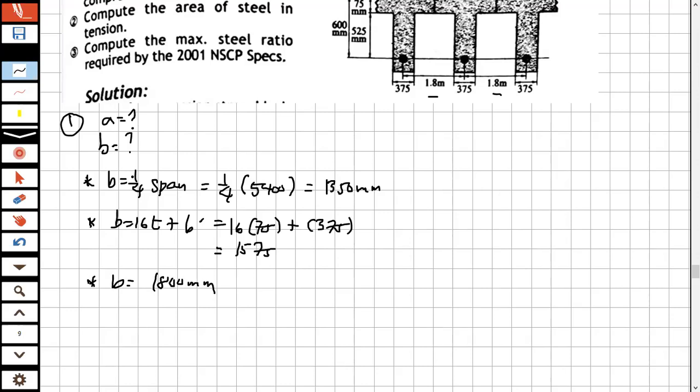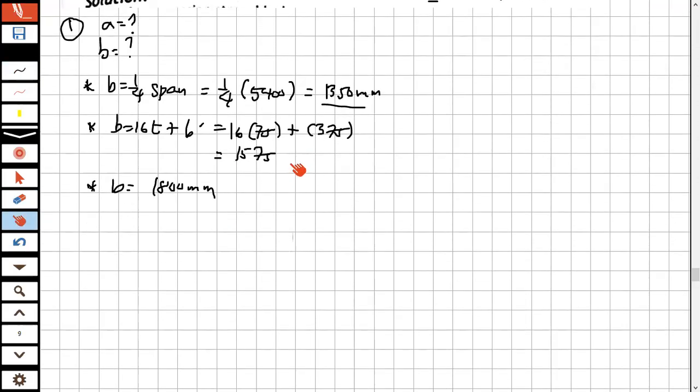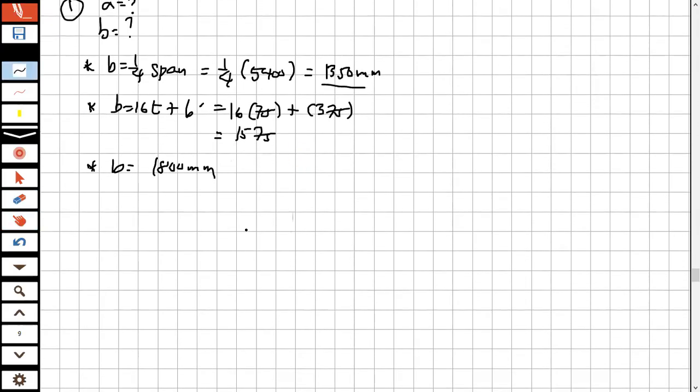So what are we going to use? Of course, very obvious, the smallest one. So here is our beam. Let's draw.